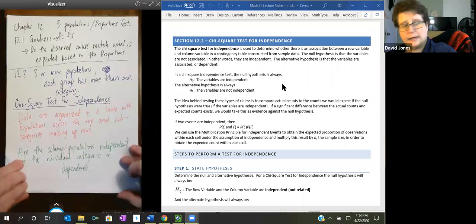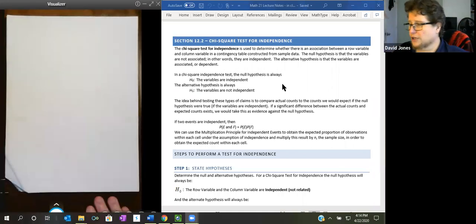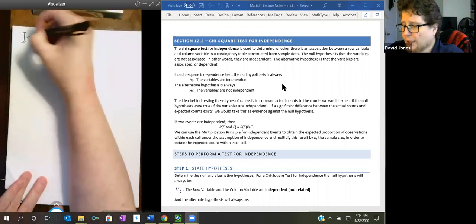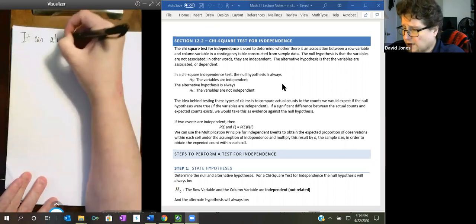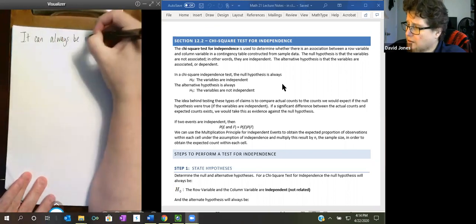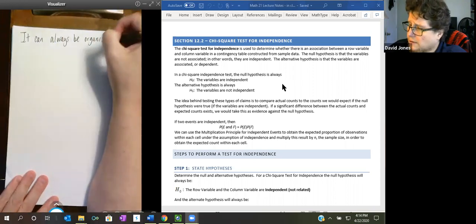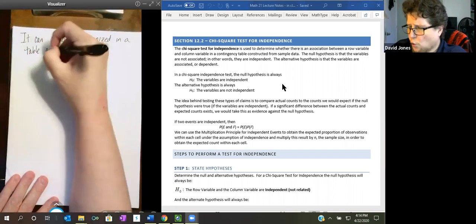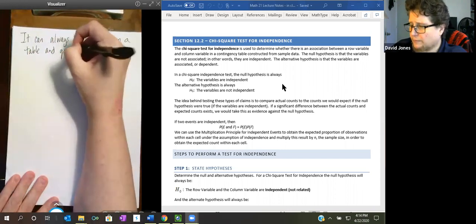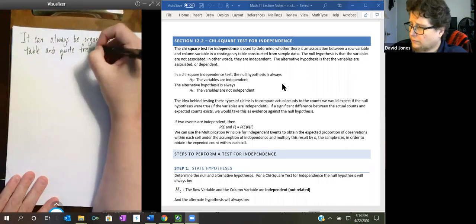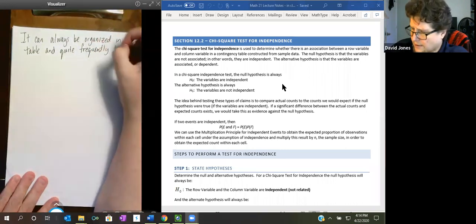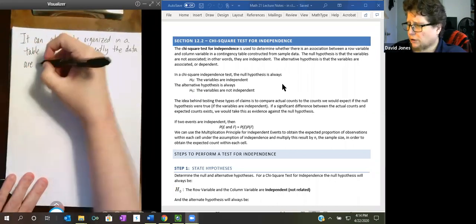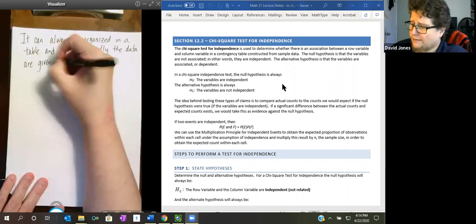Okay. So guess what? It can always be organized in a table, and quite frequently comes as a table. The data are given in a table format.